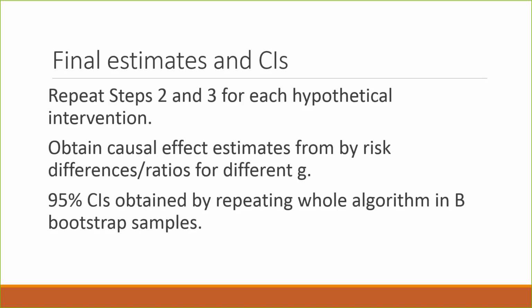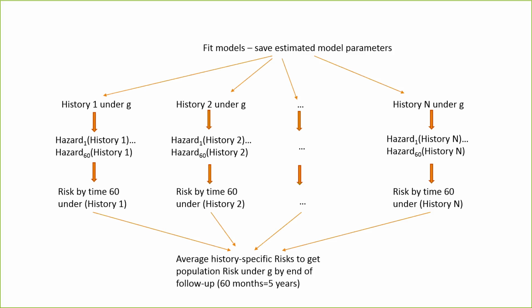There's no closed form for the variance here. It's too complicated, so you have to use the bootstrap to get confidence intervals. You bootstrap the whole process many times, say 200, 500, or 1,000 times, including step 1 where you're estimating the model parameters.